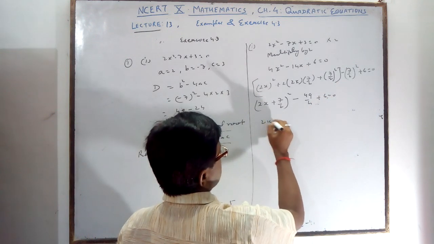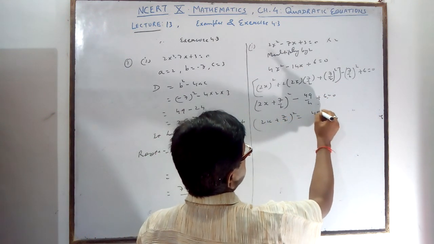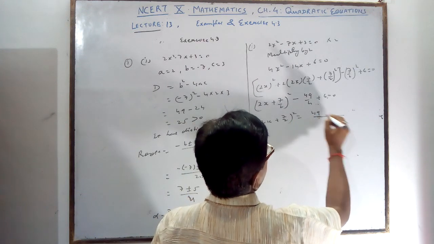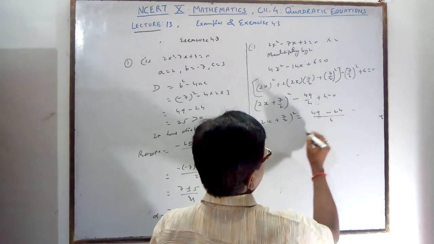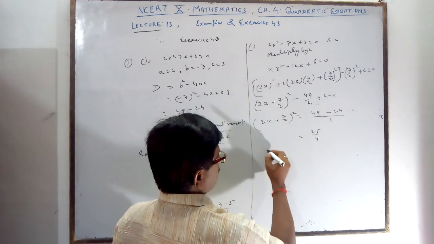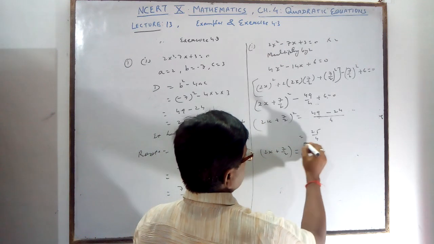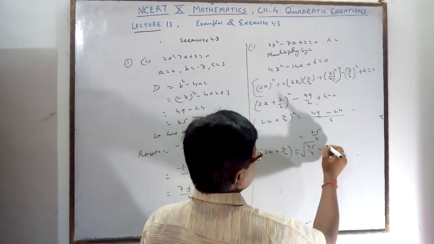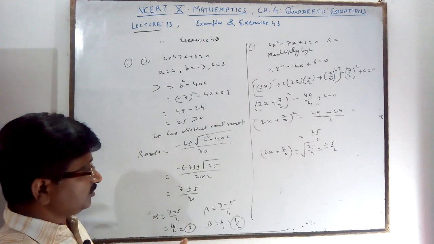So 2x plus 7 by 2 whole square is equal to 49 by 4 minus 6, with LCM 4, 6 4s are 24. What are you getting? 25 by 4. So 2x plus 7 by 2 is equal to the square root of 25 by 4, which gives plus minus 5 by 2.